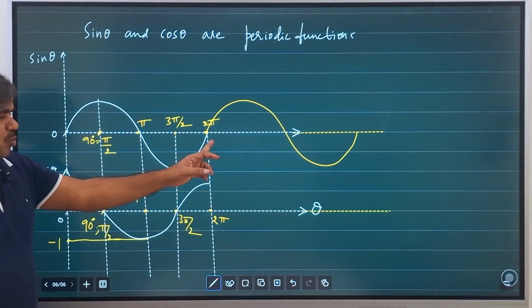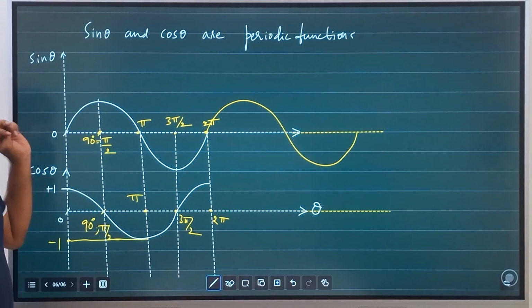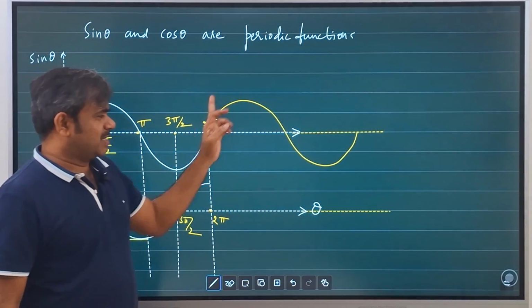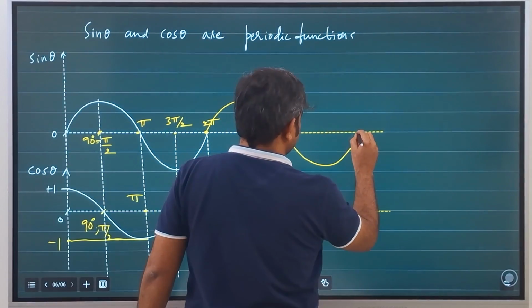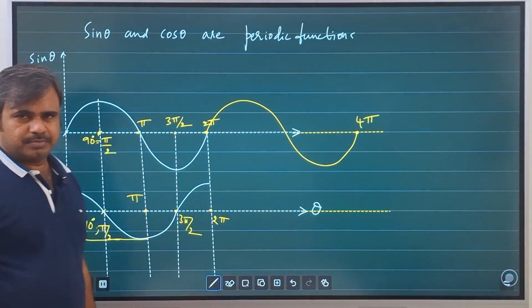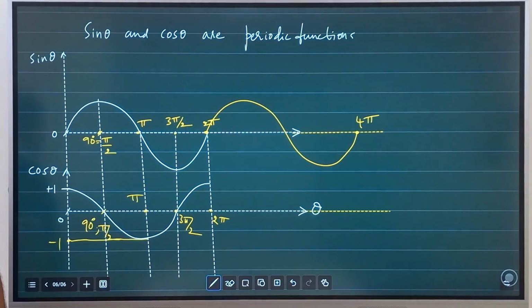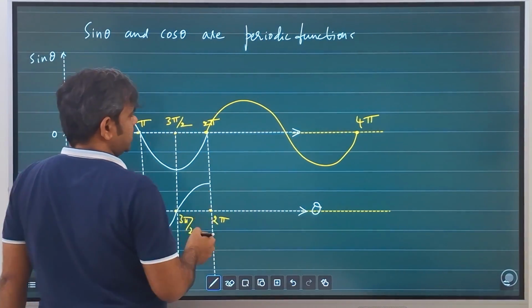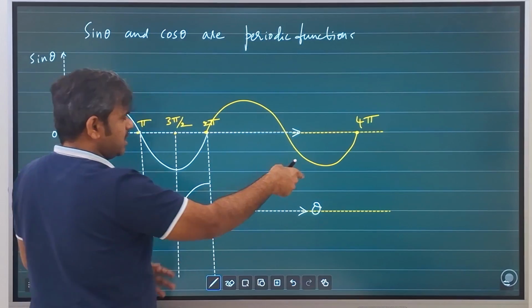So from 0 to 2 pi, look at the graph. 0 to 360 degrees, look at the sin theta graph. From 360 degrees to 720 degrees. This is 720 degrees or 4 pi. 4 into 180, 720. Second cycle. In the second cycle, you are getting the same behavior.